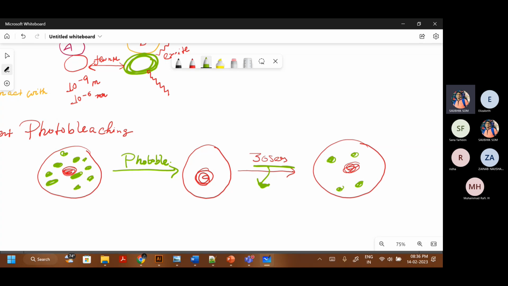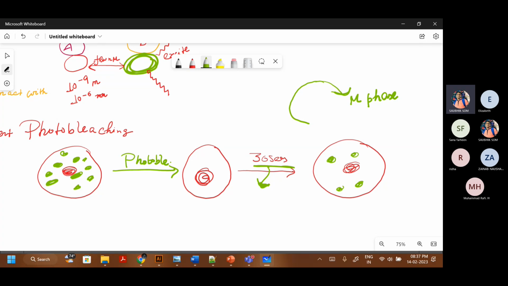So how do I know that? What I can do is follow the cells through a cell cycle, correct? Now I photobleach the cells after one M phase. After the M phase, I photobleach the cells. Now after the M phase, there are no histone proteins which are tagged with GFP.